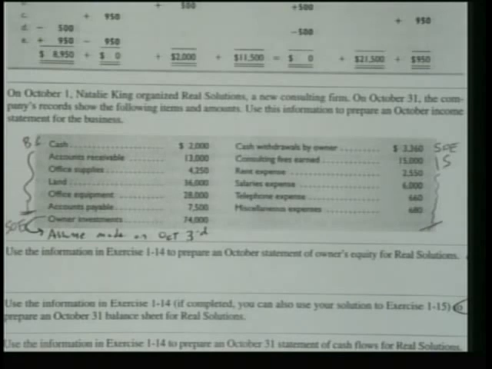Okay? Now, as we prepare those financial statements, which one are we going to start with? The income statement. And as you put these on one of the financial statements, put a little check mark or circle the account so that you know it ended up somewhere. Okay? So let's take a look at exercise 114, the answer. All right?